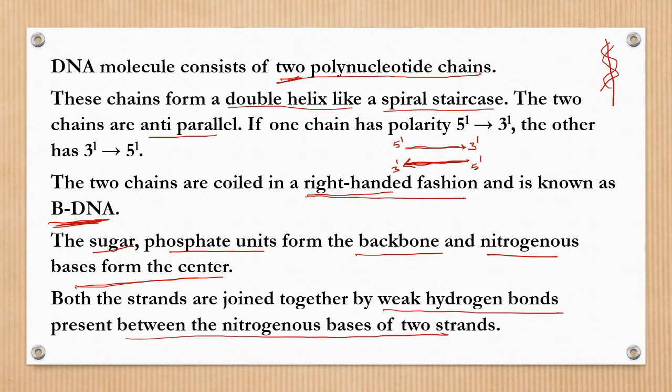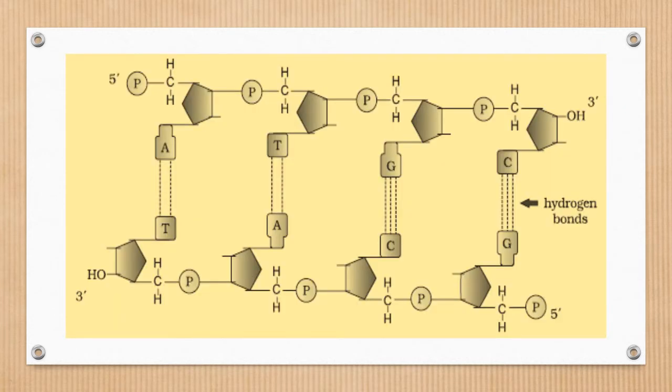So let's see this explanation in a diagrammatic representation. See now, we already said that DNA is made up of two polynucleotide chains. This is one chain and this is another chain.